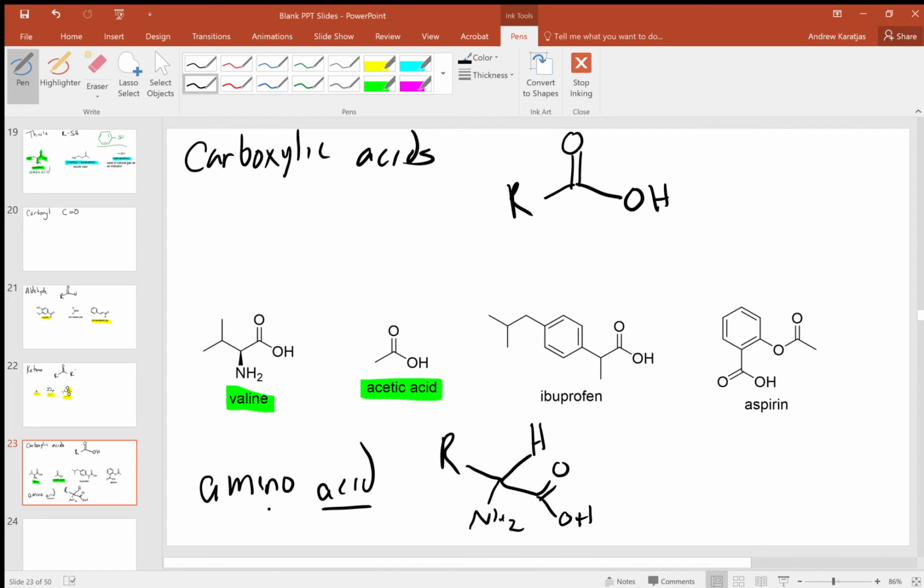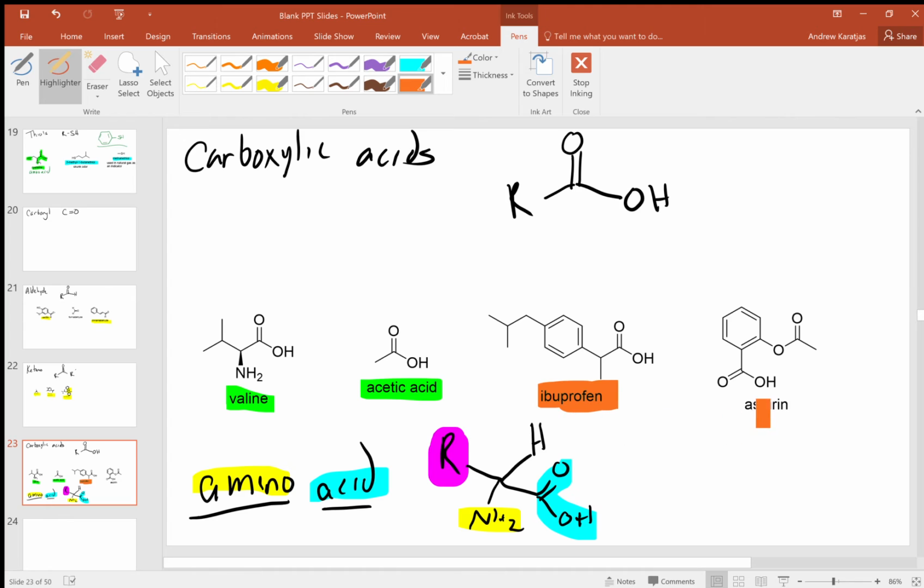Amine, acid. The only thing that changes from one amino acid to another is the identity of this R group. And then finally on this page you may recognize some common painkillers, things like ibuprofen and aspirin.